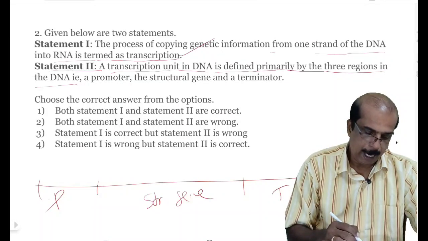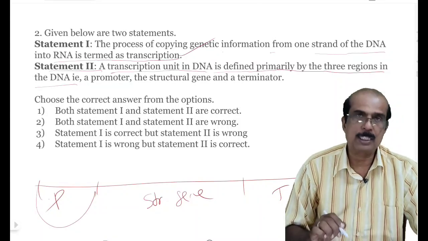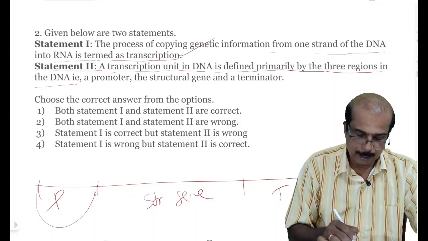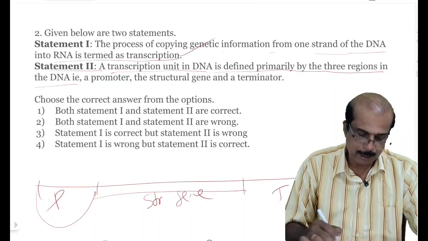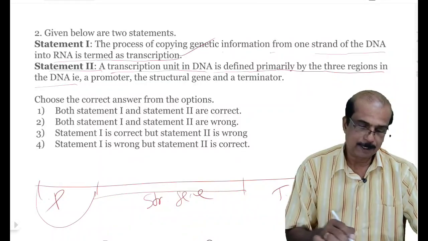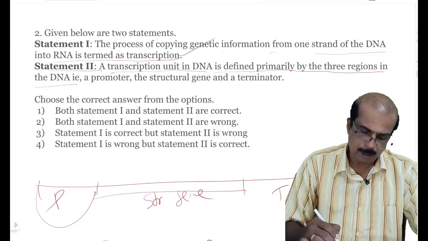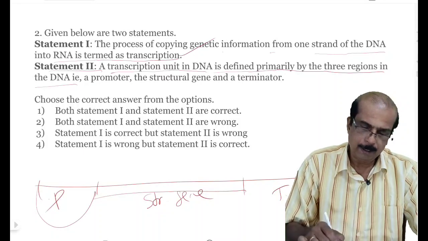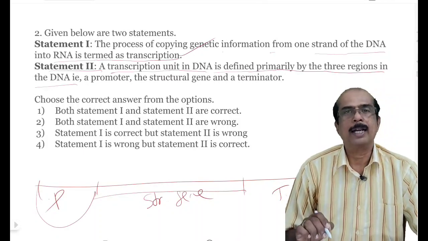Here RNA polymerase binds with the promoter sequence and the structural gene is transcribed, and when the enzyme reaches terminator sequence, the transcription stops. Here the statement 2 is also a correct one.